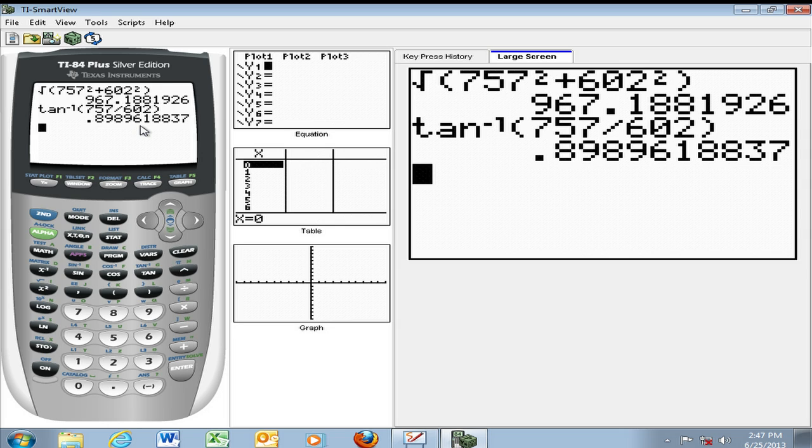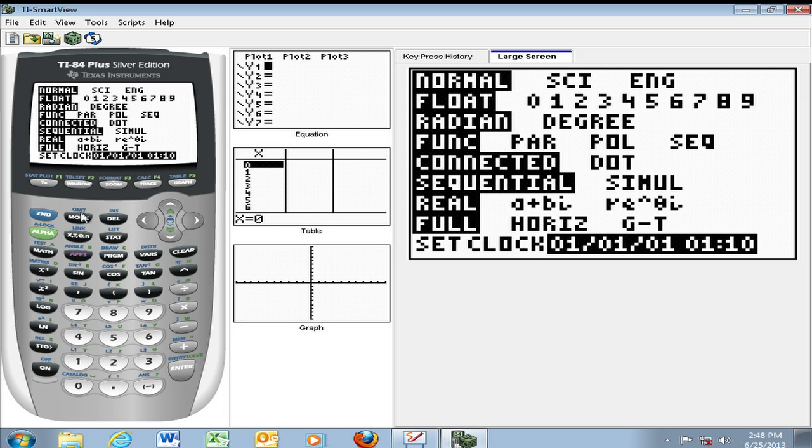This supposedly is degrees. You might want to go to your mode and see what your angular units are. It's definitely not degrees. Remember, what's highlighted is what's programmed. That's why that 0.89 was kind of weird.